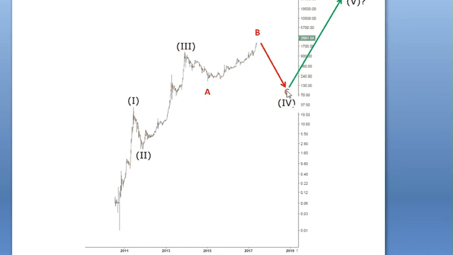Because from here, wave 5 of this cycle level will take it, in my opinion, possibly to $27,000 to $37,000. And looking at it in a logarithmic scale gives you that perspective.